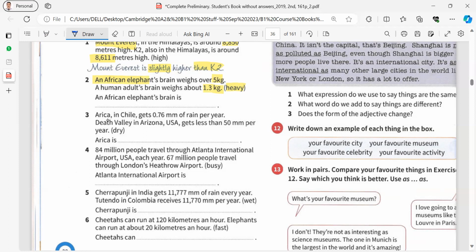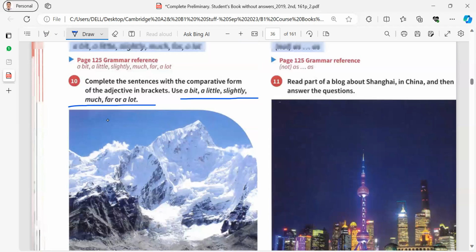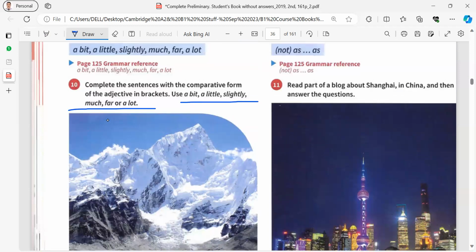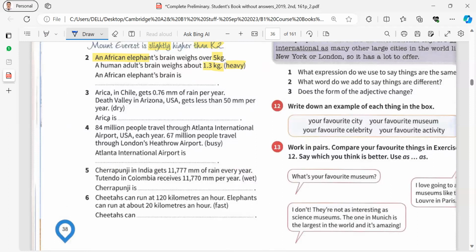Heavier. What about this? Here, is it a big difference or a small difference, Nawaf? Big difference. So you can use far, a lot, much. You have three options here, right? So you can use here much heavier. Yes, complete, please.